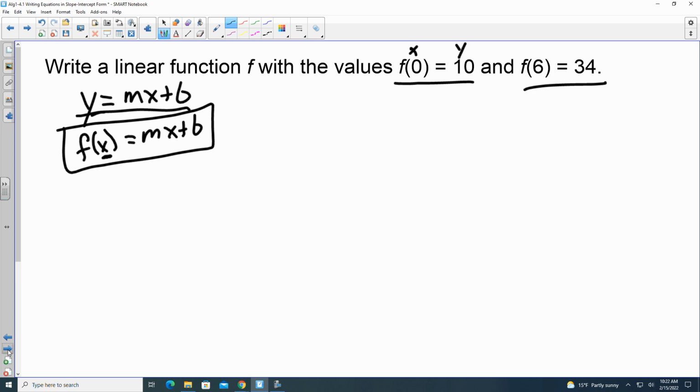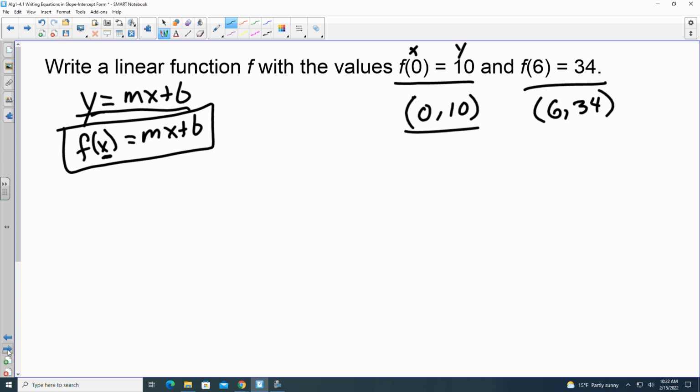So if you wanted to rewrite this as an ordered pair, f of 0 equals 10 is actually 0 comma 10, which means that f of 6 equaling 34 would be rewritten as a coordinate of 6 comma 34.